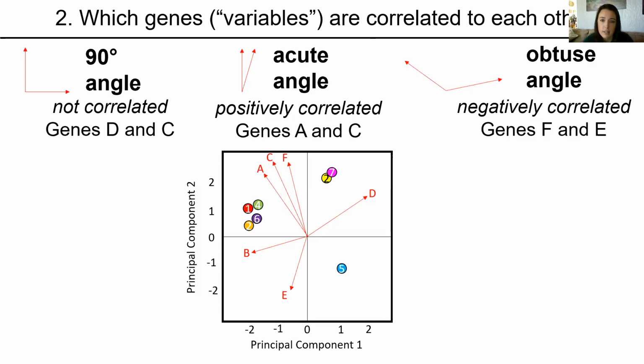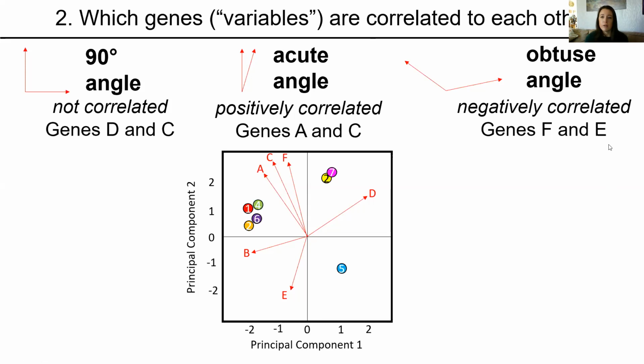So genes, in this example, D and C are uncorrelated. That again would be like height and age in adults. If there's an acute angle, that means two variables are positively correlated, like genes A and C, for example, versus an obtuse angle, which I realize my face is over the example.